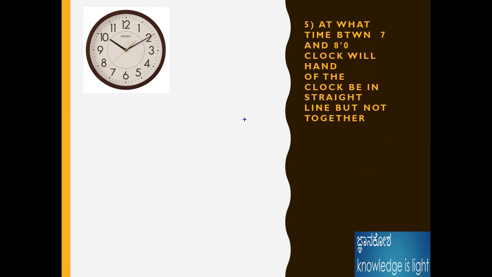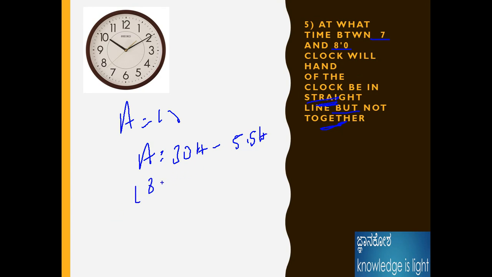Okay, 7 o'clock and 8 o'clock. What is the angle between them if straight? Here it is given as a straight line but not together. For straight means 180 degrees. First method: A is equal to 30H minus 5.5M. What is the angle here? It is given as straight. Straight means 180. That is also 210 minus 5.5M.